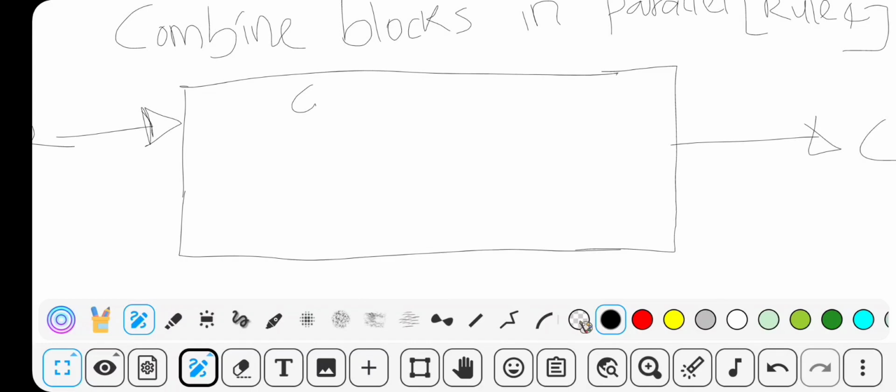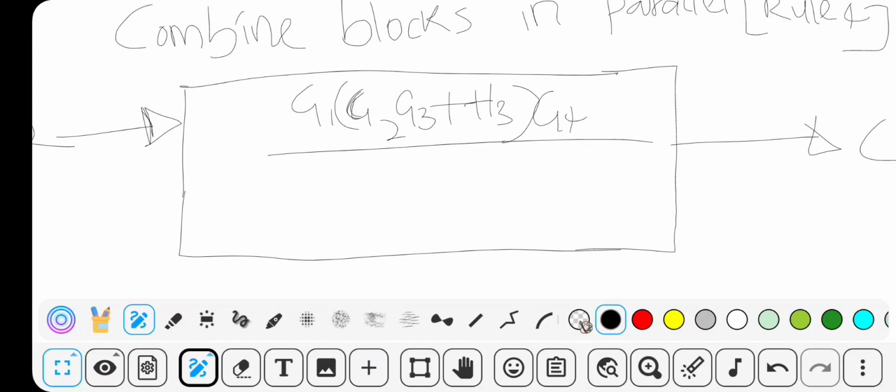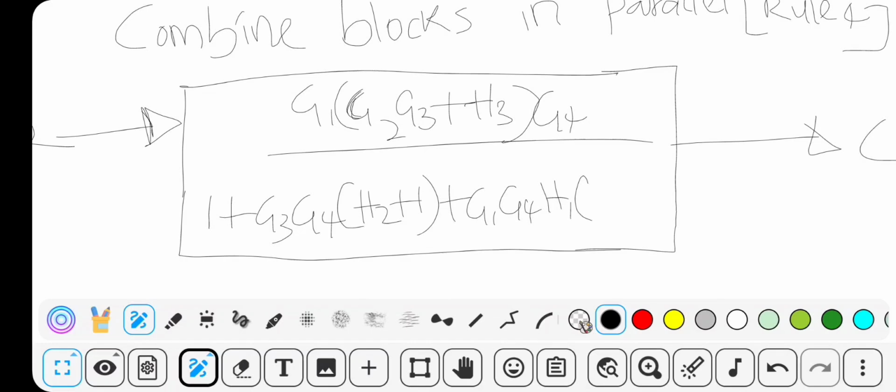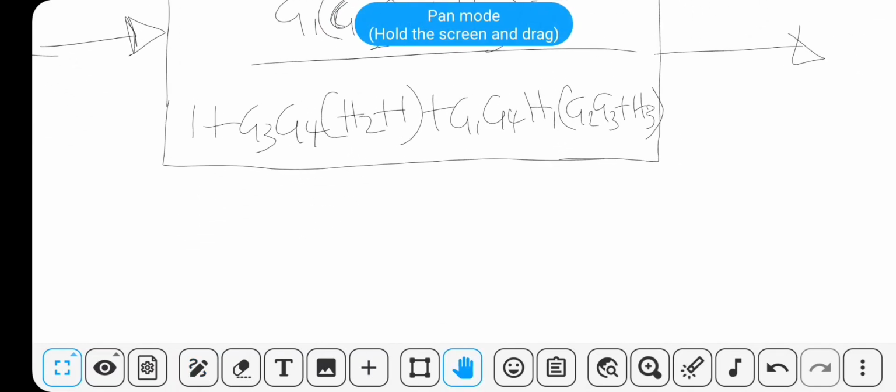Doing that, combining blocks in parallel using rule 4, you have this plus H3, G4, 1 plus G3 G4 H2 plus 1 plus G1 G4 H1, G2 G3 plus H3, G3 plus H3. This is what you have.